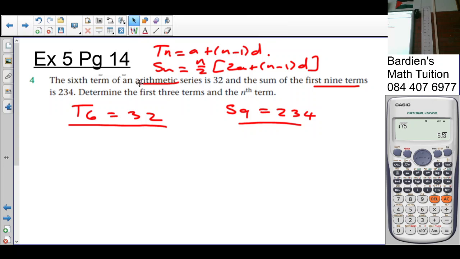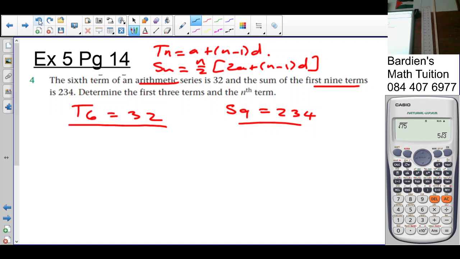If they say the 6th term of the arithmetic series is 32 and the 6th term is 234, then I have the last term. Can you see it? I would have the last term. So both must be 6.